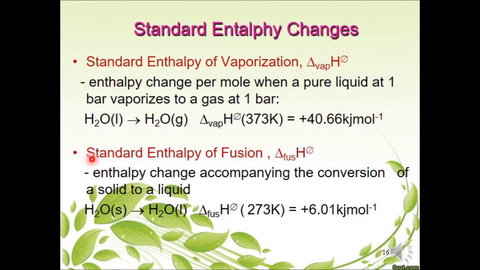Next would be standard enthalpy of fusion. You will see a triangle shape here with fus, and this symbol indicates standard. It is the conversion of a solid to a liquid. Example here, solid ice H2O to liquid water. You get a positive value, because you are melting the ice, so you need to absorb energy in terms of heat, so it will be a plus sign.